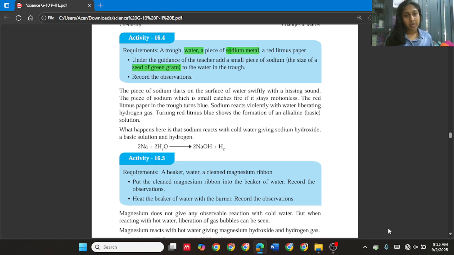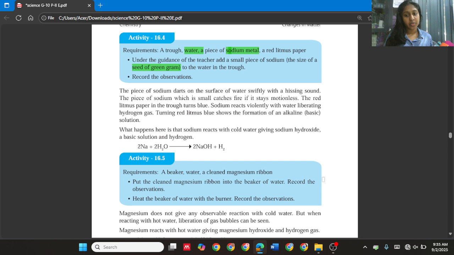The red litmus paper in the trough turns blue. Sodium reacts violently with water, liberating hydrogen gas. Turning red litmus blue shows the formation of alkali, a basic solution.